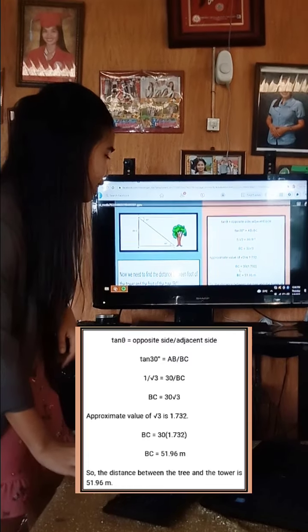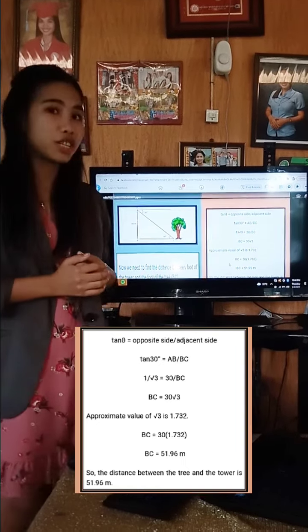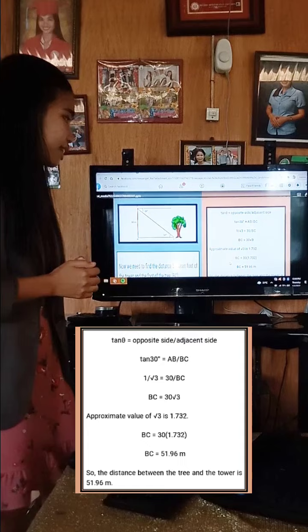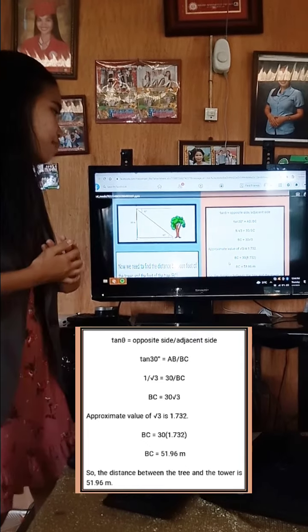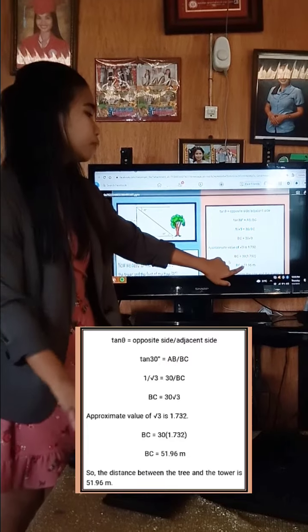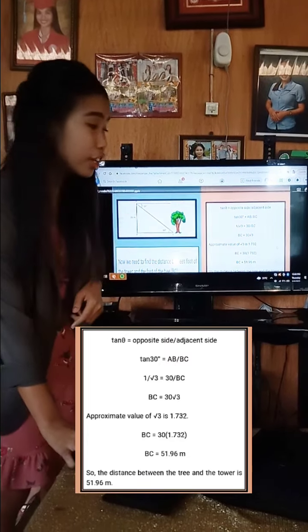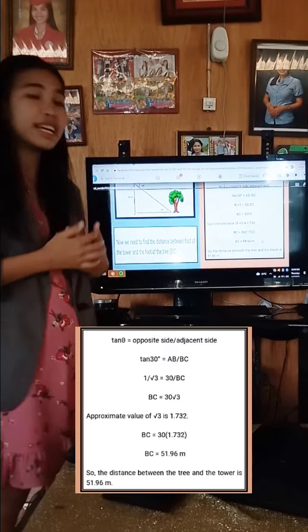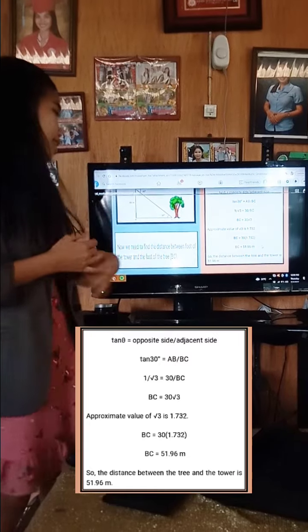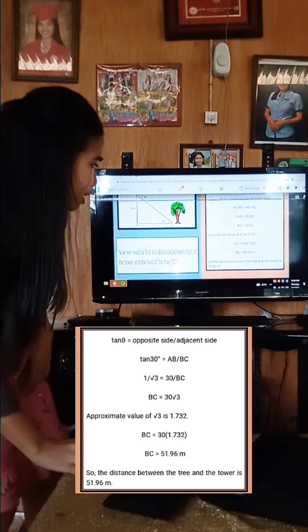So BC equals 30 times 1.732, and the value of side BC is 51.96 meters. Therefore, the distance between the tree and the tower is 51.96 meters.